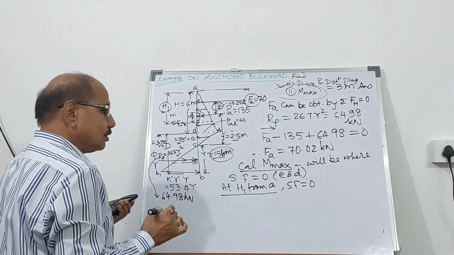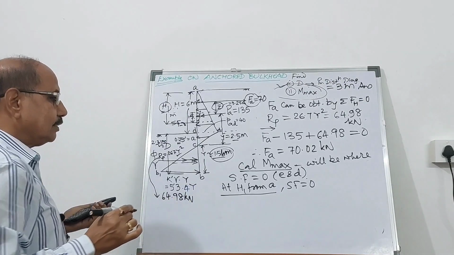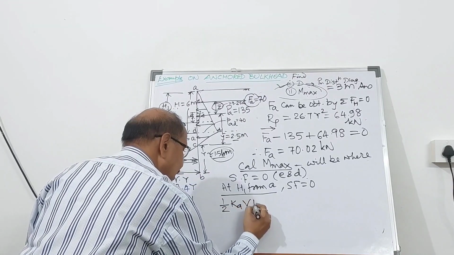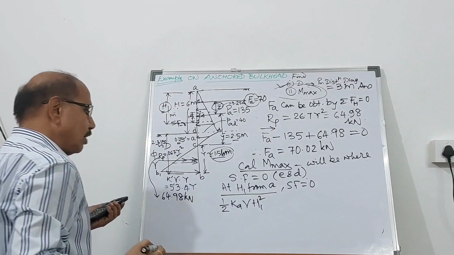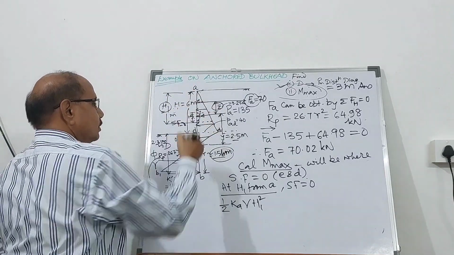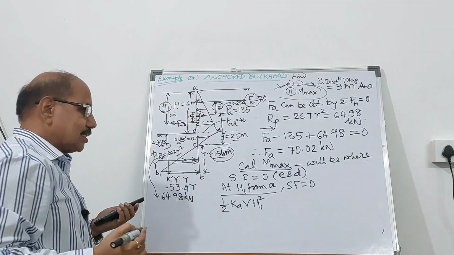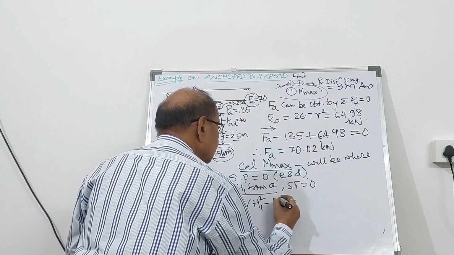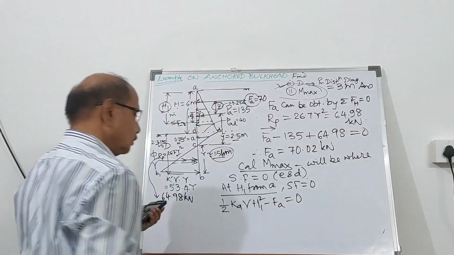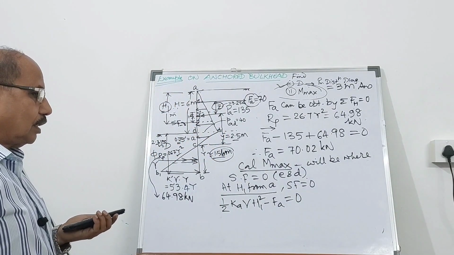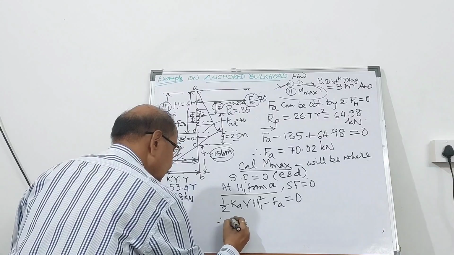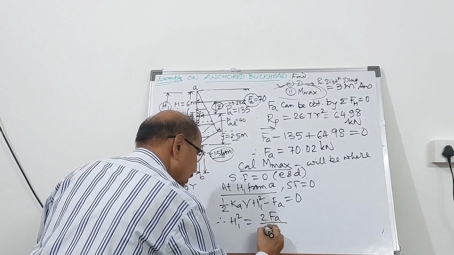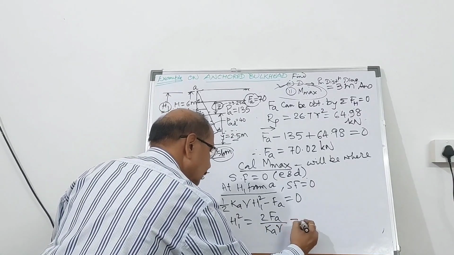So what would be the force? The force, you know it, is half K gamma H1 square, minus FA equal to 0, and therefore H1 square is 2 times FA divided by K into gamma.